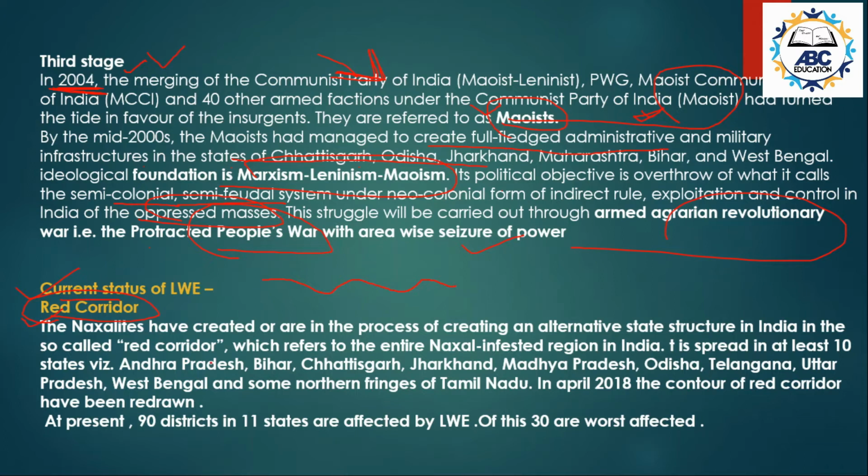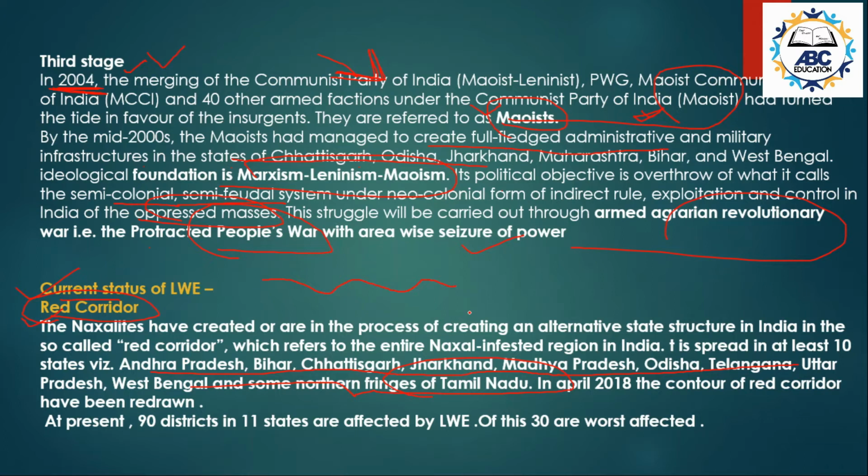Okay, which states? Andhra Pradesh, Bihar, Chhattisgarh, Jharkhand, Madhya Pradesh, Odisha, Telangana, UP, West Bengal, and also extending till some northern fringes of Tamil Nadu. These Naxals, they have created a corridor for themselves.